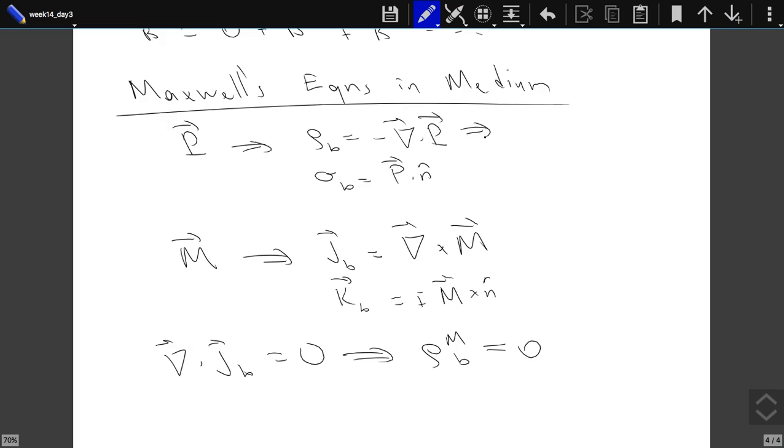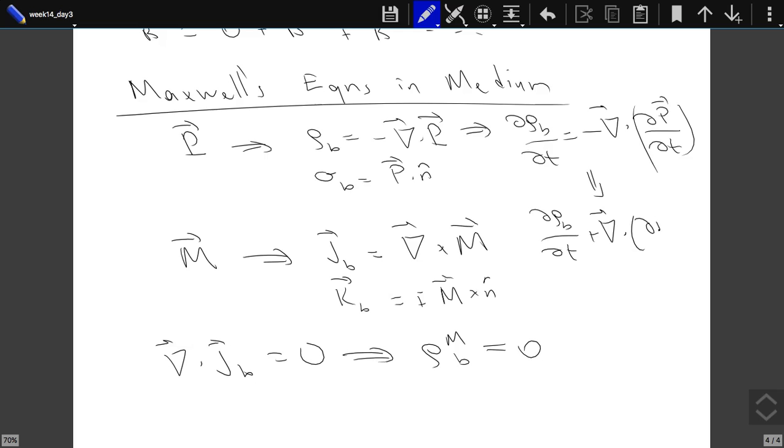And you see, from this equation, we see that d rho_b by dt is equal to minus the divergence of del P by del t. I just took the time derivative of both sides. But this tells me that del rho_b by del t plus the divergence of del P by del t is equal to 0. Well, if the polarization is changing with time, the polarization is nothing but the displacement of the charges.